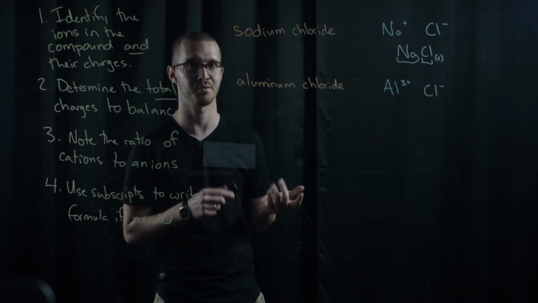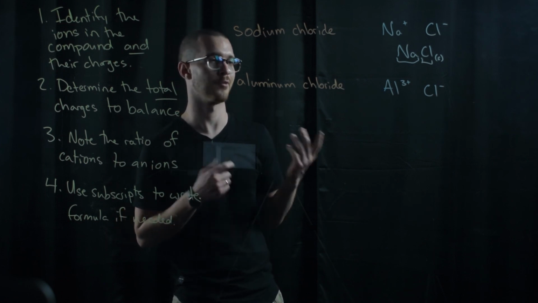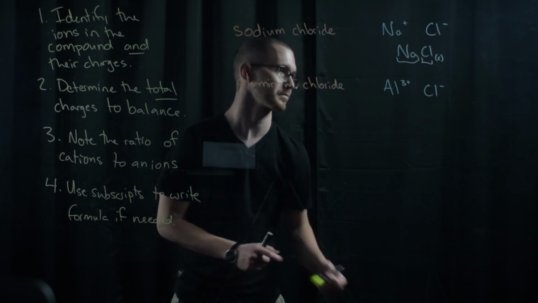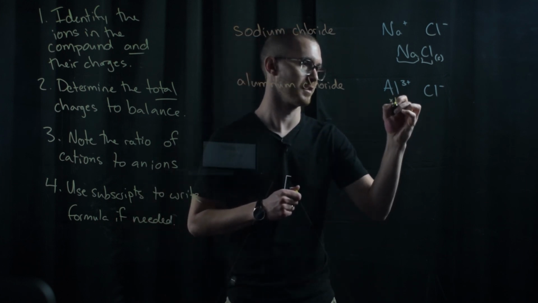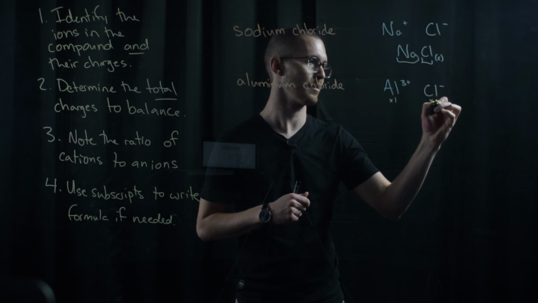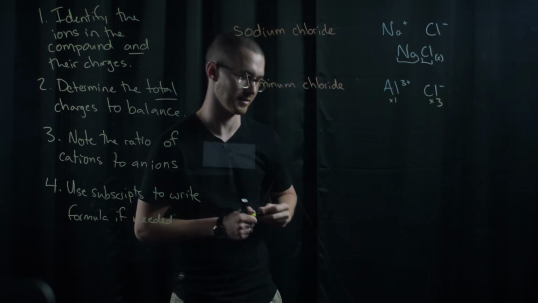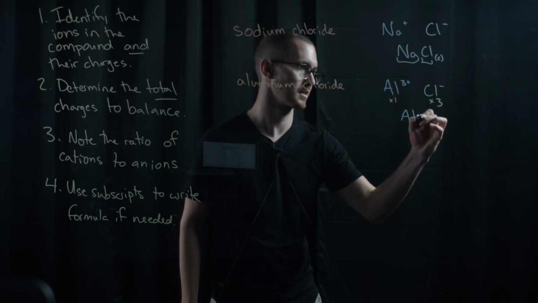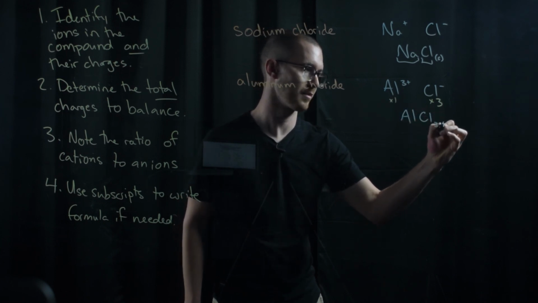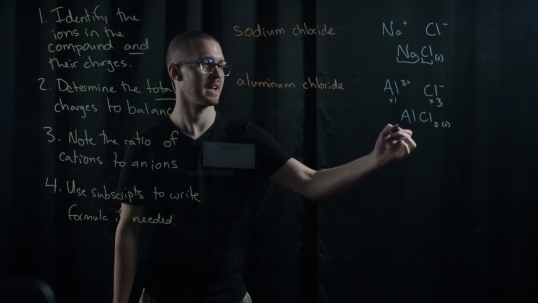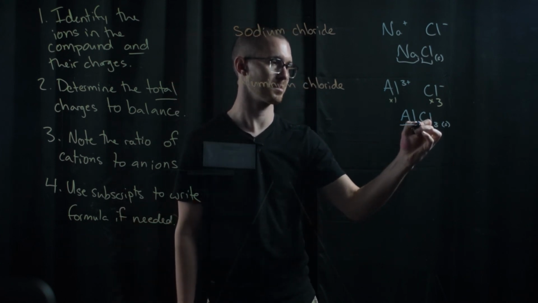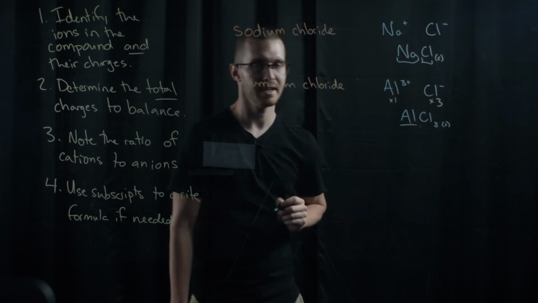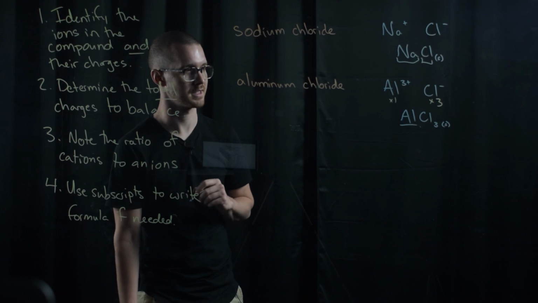That means we need at least 3 chloride ions in order for this ionic compound to be put together properly. So that means I just need 1 aluminum, but I need 3 chloride ions. In order to show this, we use subscripts. So this means I have 1 aluminum, because you can imagine I have a subscript of 1, but we don't write that because it is redundant. And I have 3 chloride ions, so AlCl3.